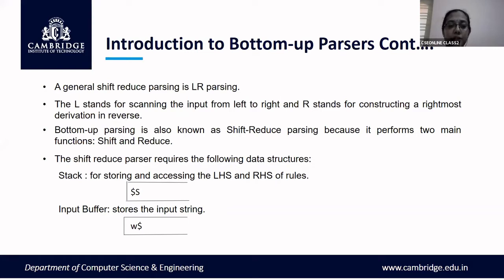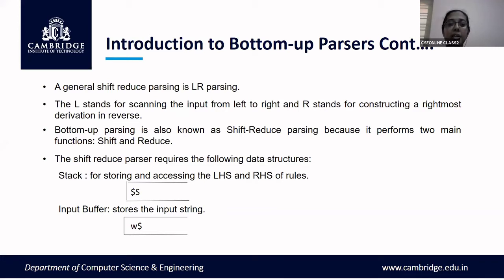From the string you move up towards the root node. How do you move up? Until you come across the start symbol of the grammar, you keep on parsing in the reverse order. Where do you place these grammar symbols, the LHS or the RHS of the grammar? These symbols are stored on the stack.